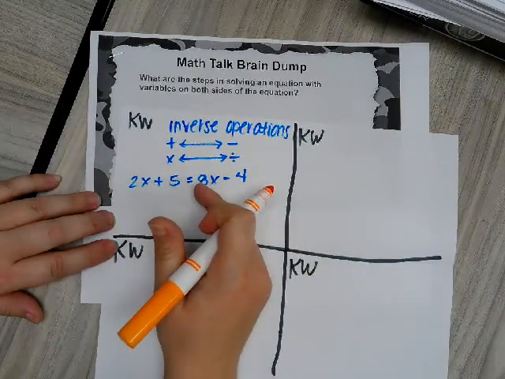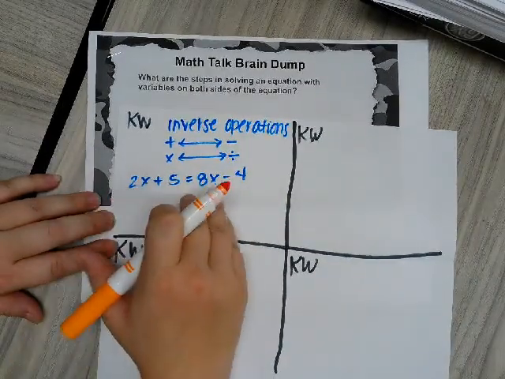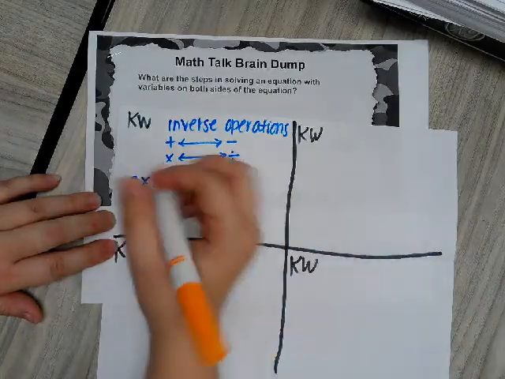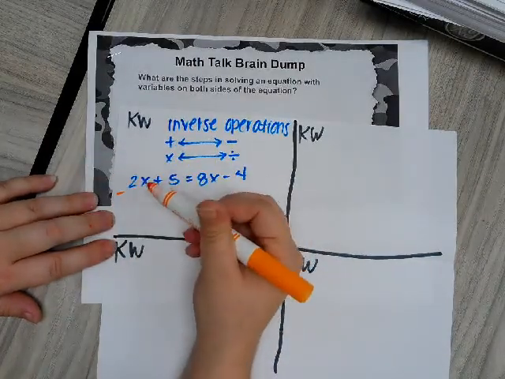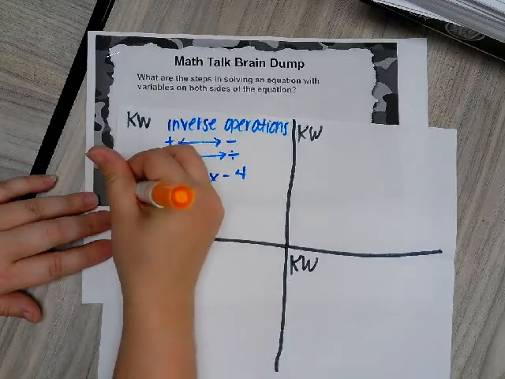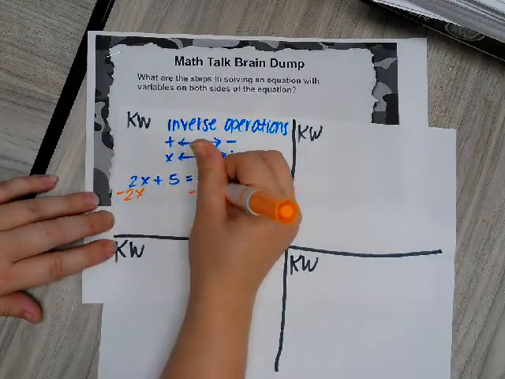So what would be easiest to move, 2x or 8x? My 2x's. So I'm going to do inverse operations. What's the opposite of a positive 2x? So minus 2x here, minus 2x here.